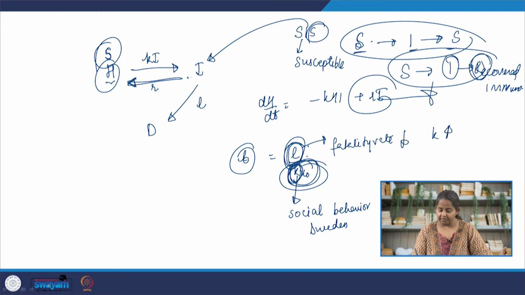K is high in the case of the disease that spread recently in our COVID-19 pandemic. K is high, fatality rate is low. As a result, what happened was that the B was very low. So we had a tragedy across the globe. We lost a lot of people. A lot of people fell sick. In fact, there are entire regions where people suspect that most people fell sick, recovered, and now have natural immunity. So the disease spreads very fast.